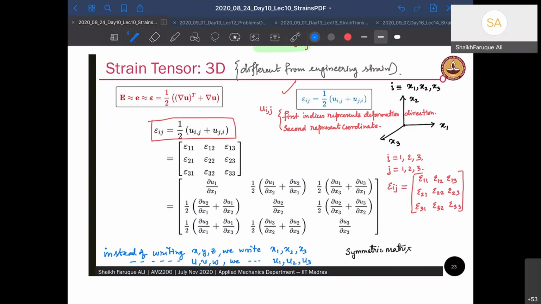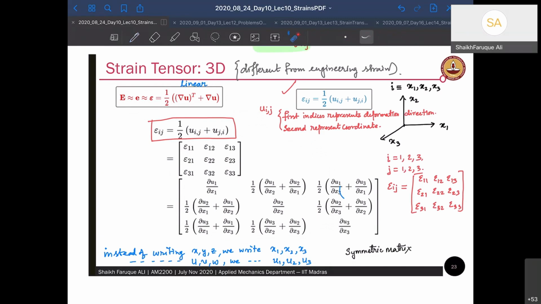And all the strains, all these 9 strains that we have here, can be represented by only one single equation. That is for linear, okay? Remember this is not non-linear. Linear strain deformation.